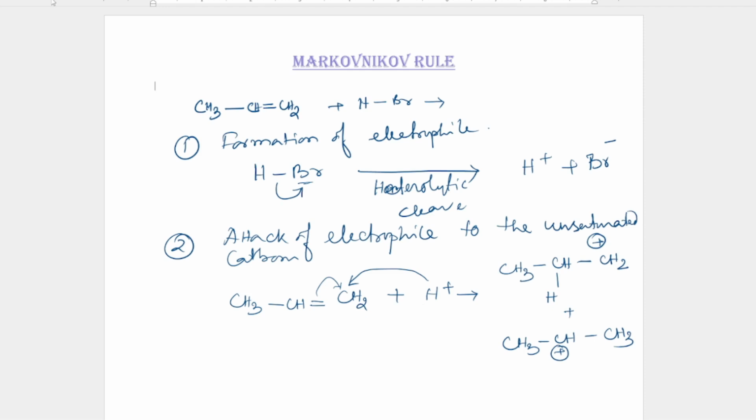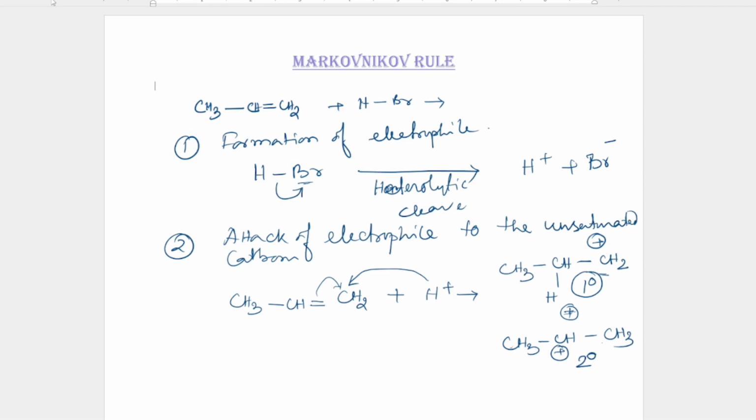Okay, so this is going to happen. Now if you find here, the positive charge occurs on a carbon atom which is attached with one carbon atom. So this is a primary carbocation. Here the positive charge is with the carbon which is attached with two carbon atoms. So this is secondary.